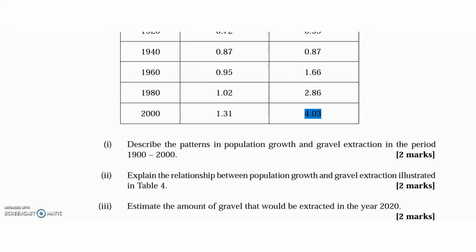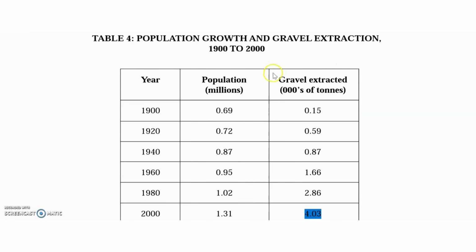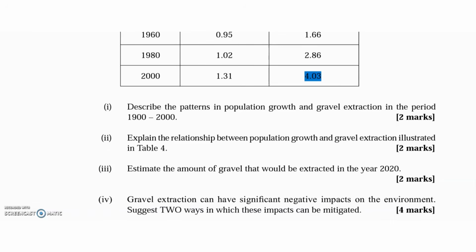The amount of gravel that will be extracted in the year 2020 will roughly be around 5.2, with the units on top here, thousands of tons. Put that in brackets for me as well. This is based upon the most recent trends. If you want to use 1990 to the year 2000 as the most immediate trend, you could utilize that. There's not a problem at all.